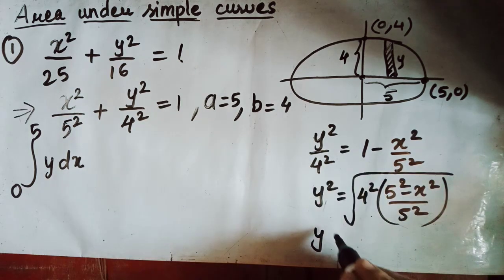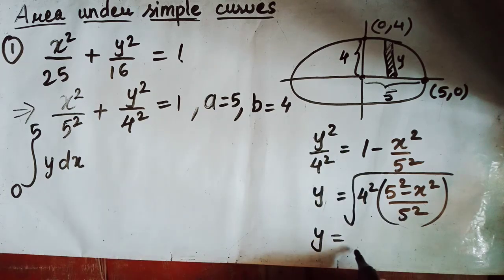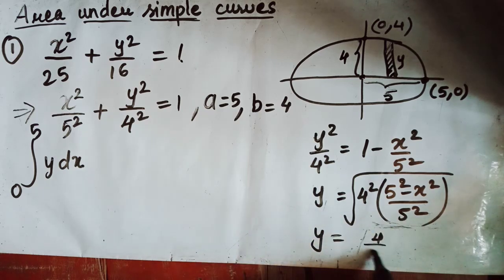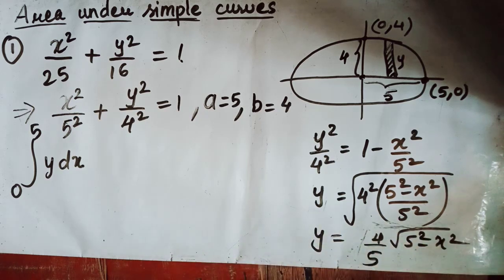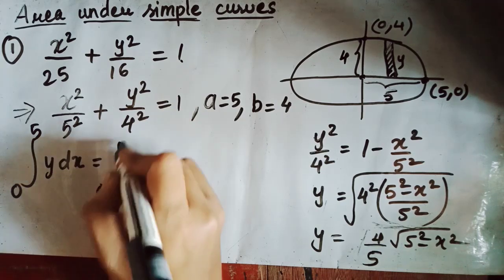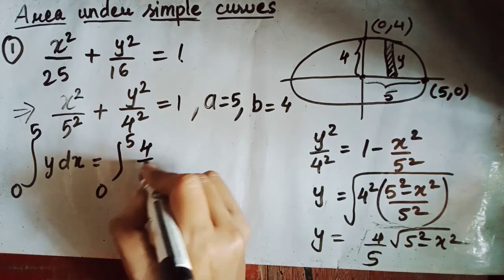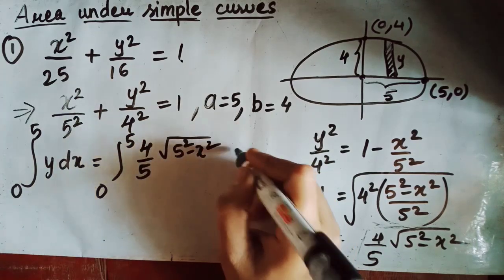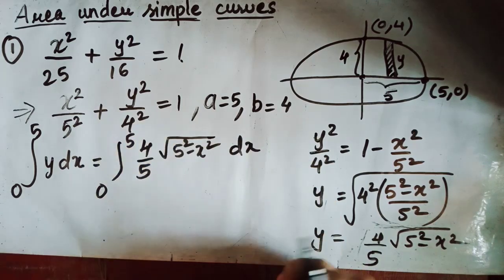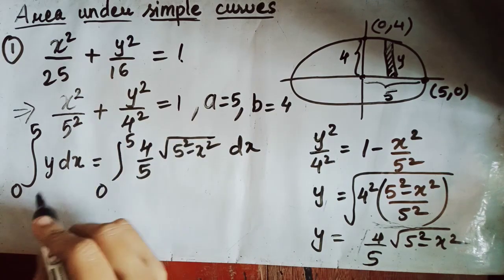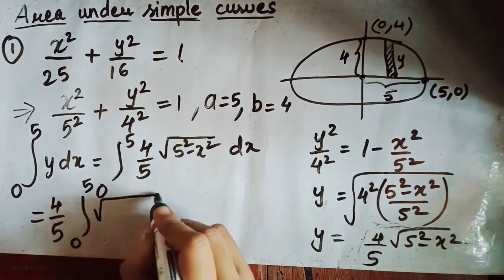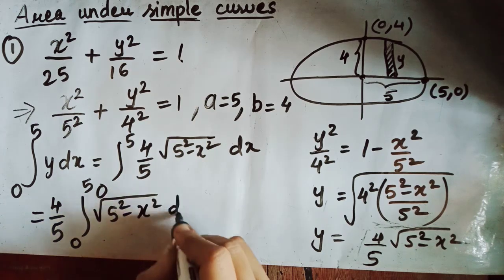So y will be equal to root of, 4 and 5 come out, so 4 by 5 root of 5 square minus x square. So this is your y, and you have to put it here. 0 to 5, your y is 4 upon 5 root of 5 square minus x square, and this is dx. Now 4 by 5 you can take outside, so integral 0 to 5 of root of 5 square minus x square dx.